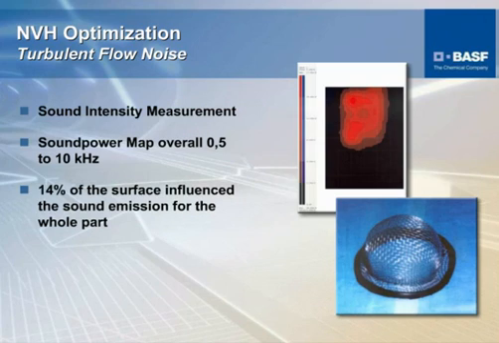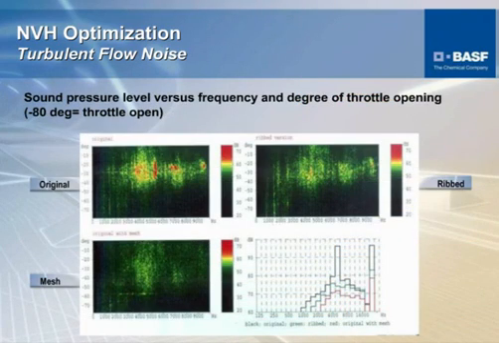The sound intensity measurement itself allows us to depict exactly where the sound is emanating from. Looking at the sound power map over an overall 0.5 to 10 kilohertz, we can depict exactly what's influencing the surface. Again, depending on that turbulence, we can see the original design in comparison to the new design, in case we made some modifications to that design.